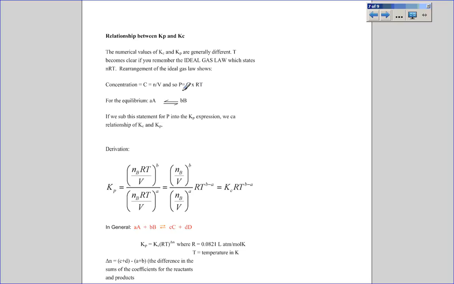So we're going to look at just a general equilibrium between A and B. The Kp for that is going to be the partial pressure of B to the b over the partial pressure of A to the a.